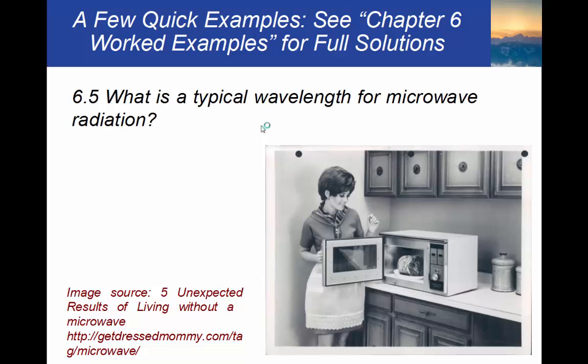Okay, there's also a theoretical way of estimating what the wavelength of your microwave radiation is. For example, most microwaves will actually tell you the frequency that they are operating at, so you can use that and the speed to get the wavelength.